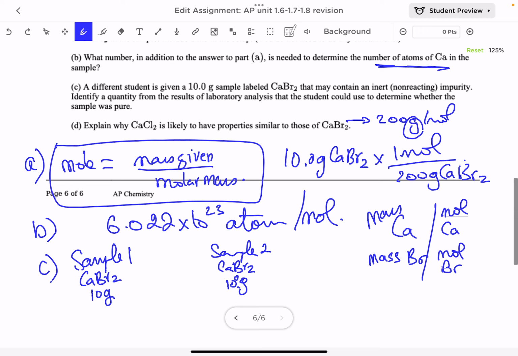So if this sample contains impurities, I'm going to obtain less mass of A or less mass of B. And this question is asking what kind of result identification in the laboratory might help you know that this sample has impurities. So it could be you're calculating the mass of each atom. So you would say I would have less mass of either. Or if not mass, moles.